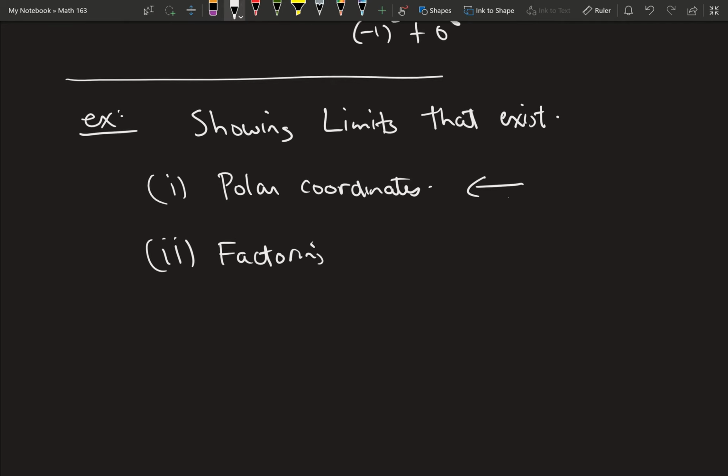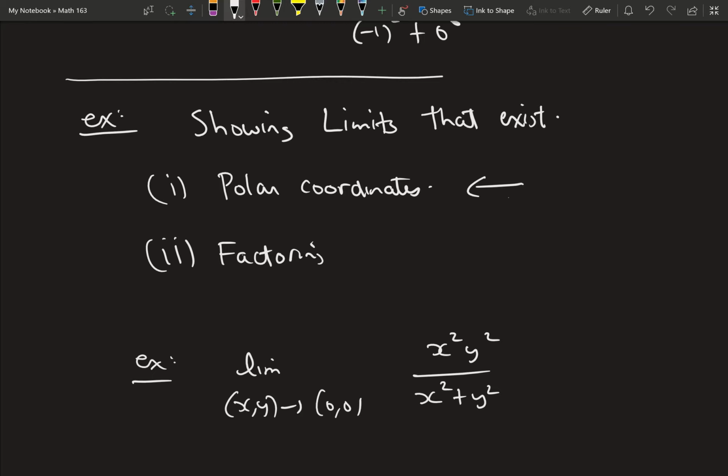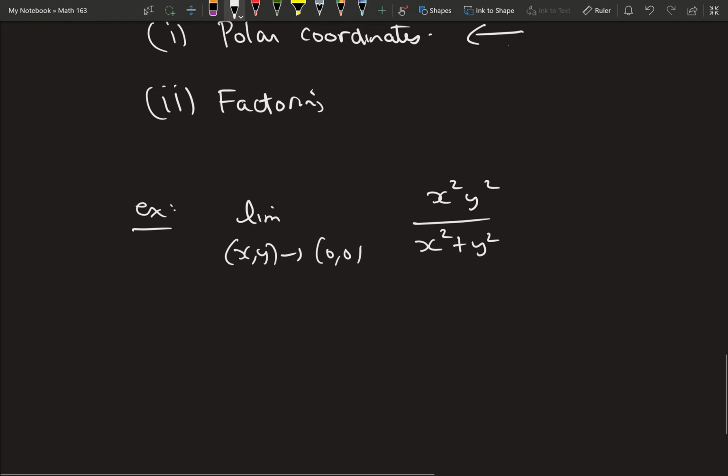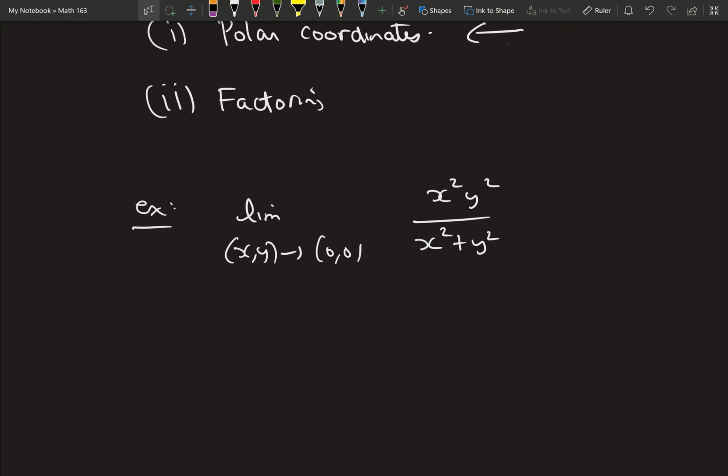So our example will be as follows. Let's take the limit as (x, y) goes to (0, 0) of x squared y squared over x squared plus y squared. So what is the strategy here?